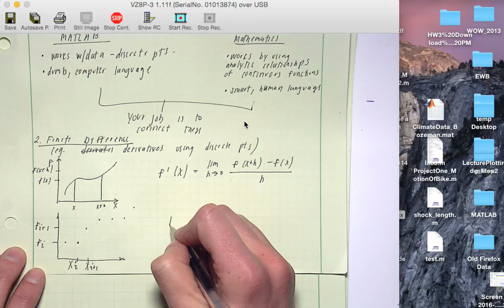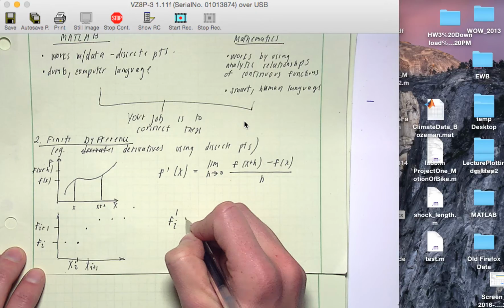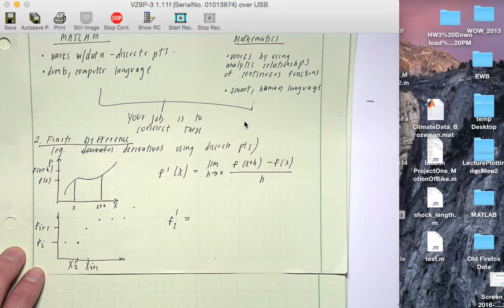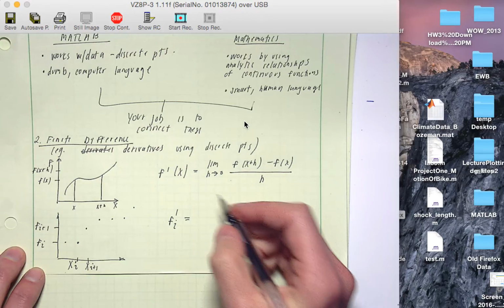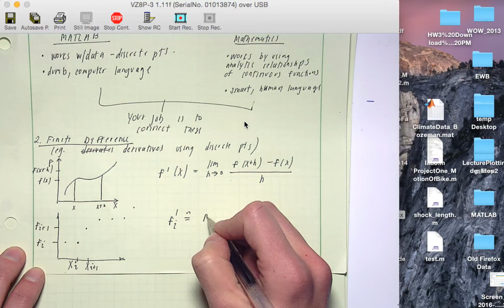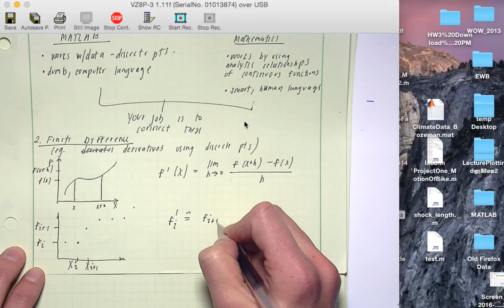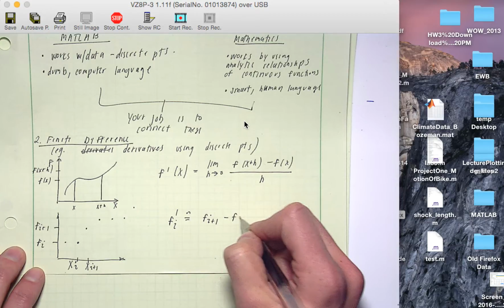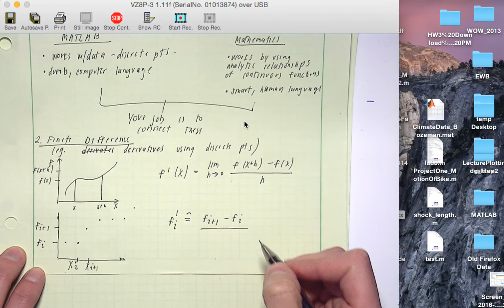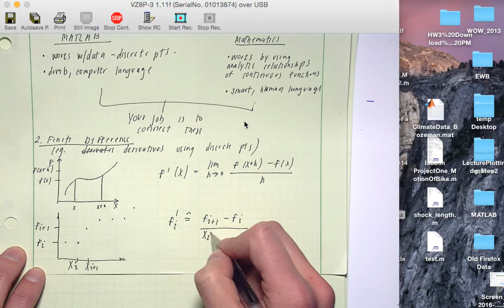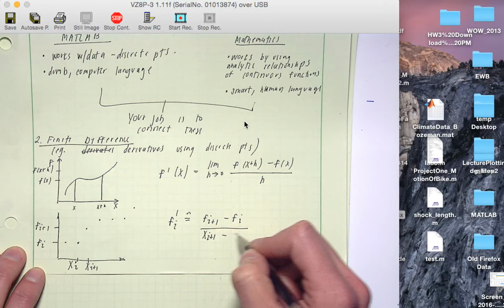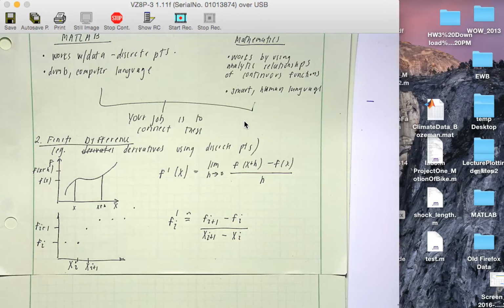And so if you want to numerically calculate the derivative at i, you just do the same thing. You take the rise, which would be f of i plus 1 minus f of i, and divide it by the run, which is the delta x, which would be x of i plus 1 minus x of i.